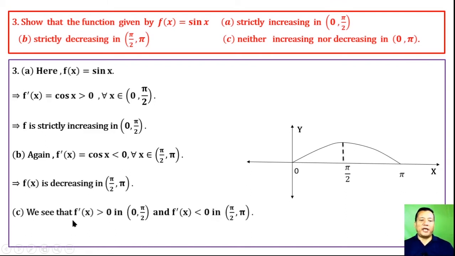We see that f dash x is greater than 0 in open interval 0 to pi by 2 and f dash x is less than 0 in open interval pi by 2 to pi. So f of x is neither increasing nor decreasing on open interval 0 to pi. 0 pi asida function na se partly increasing partly decreasing whole the interval da amakaktamak chumba oidre aduna masi neither increasing nor decreasing ore.